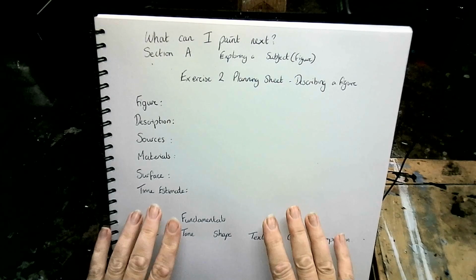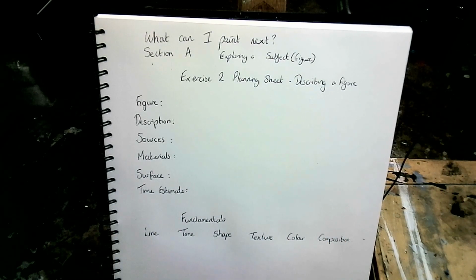It's part of the thought process into extending your art language so you can paint things that are more personal to you and become confident with the decision-making processes in that. So we have the planning sheet, exercise 2 planning sheet, describing a figure.